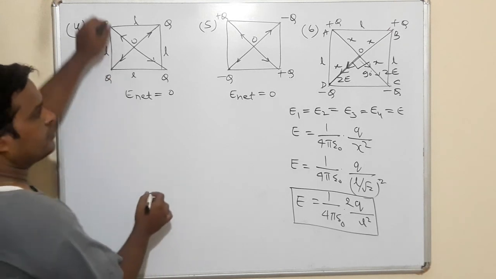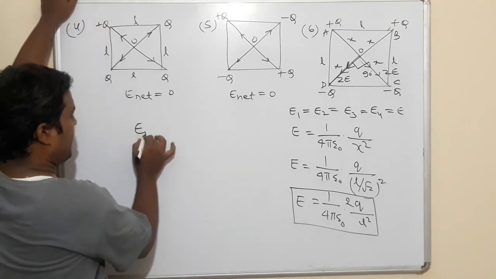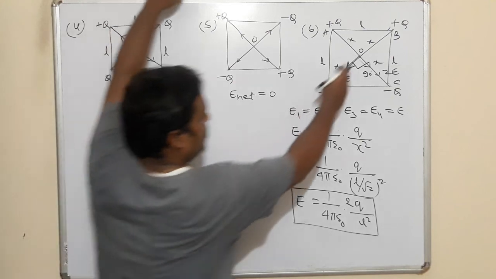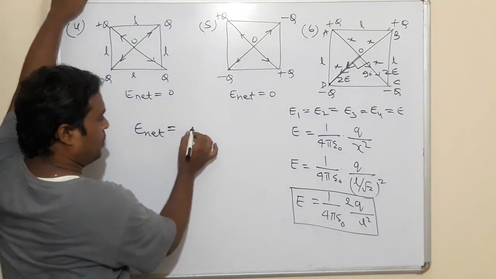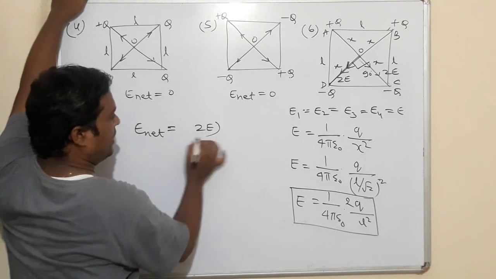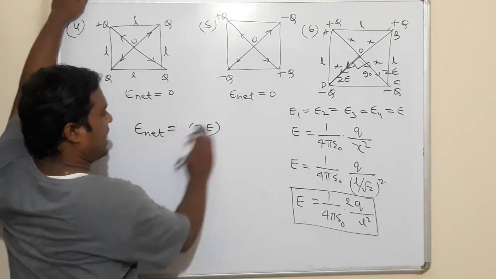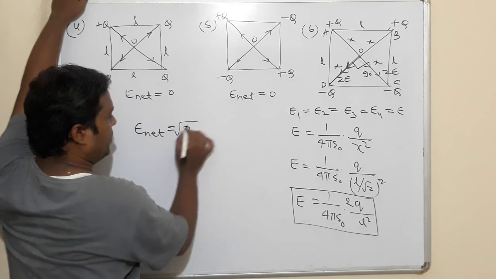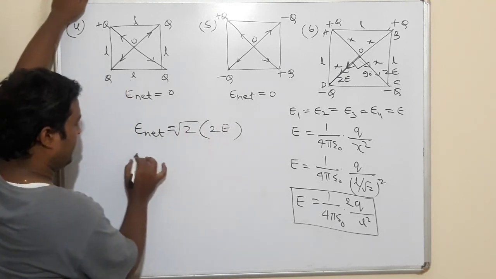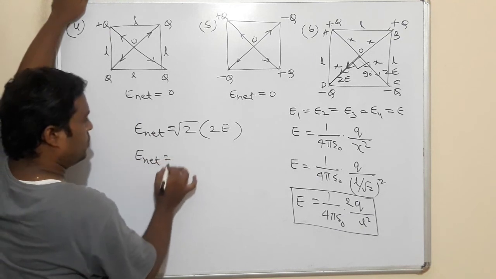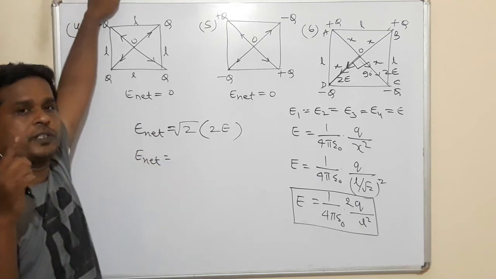Then what can I do? This E net is equal to 2E, 2E, angle 90. Then E net will be equal to 2E multiplied by root 2, because the angle is 90. I told you in that video why you should multiply by root 2. Then E net will be equal to the resultant of two forces.